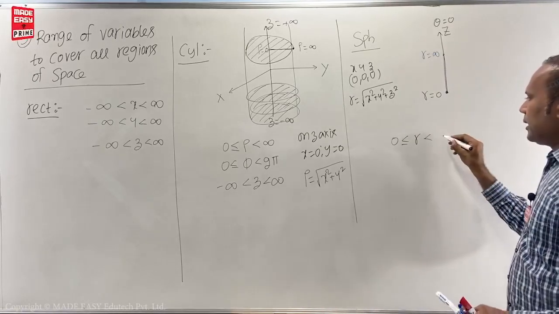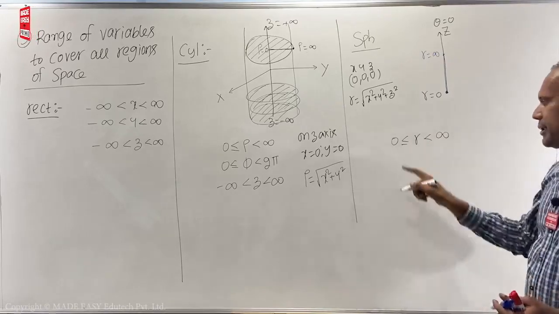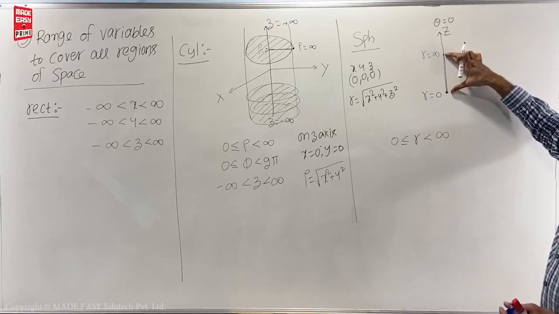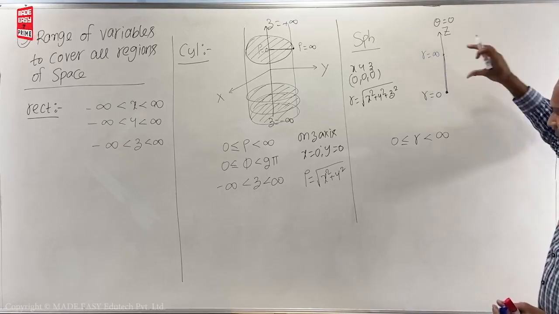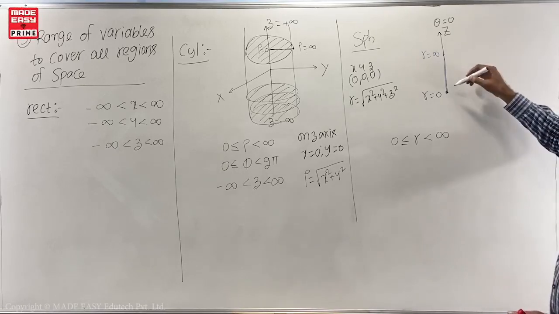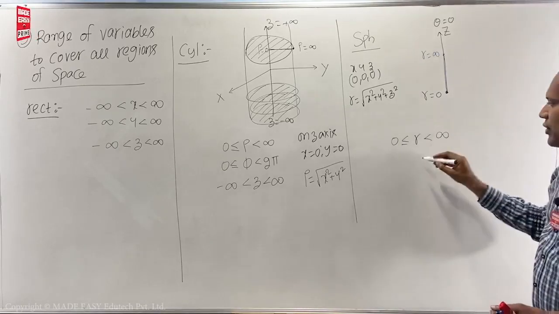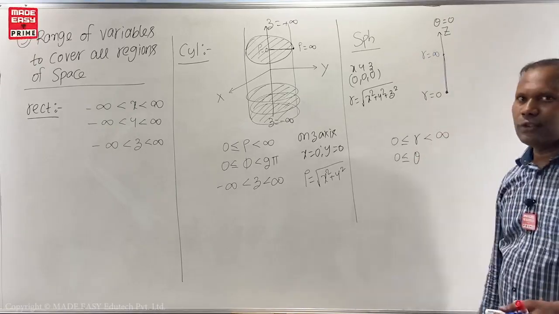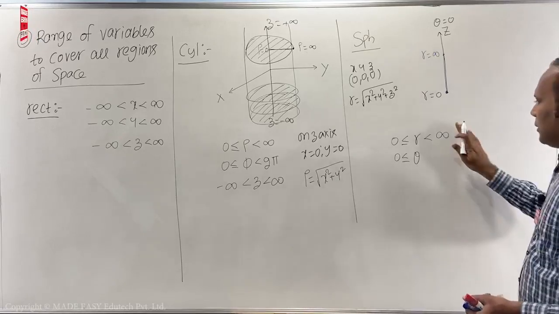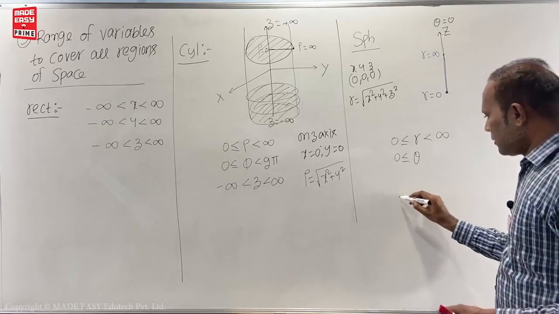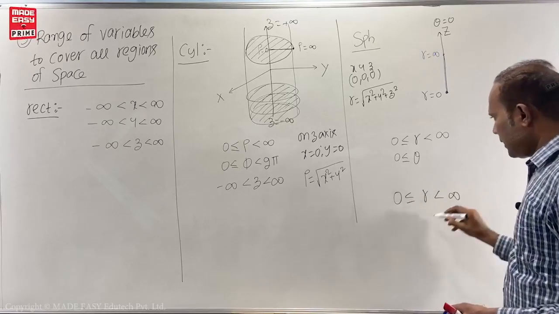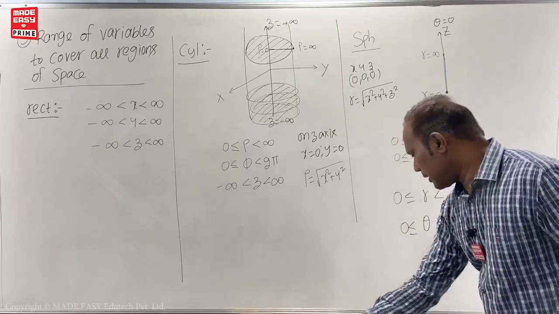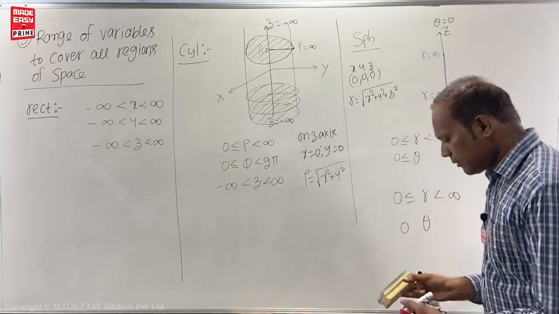That means if you take a radius from 0 to infinity, you get one radius line of infinity length. Now where is that line? On the z-axis. So for the z-axis, what is the vertical angle? 0. Now I will write a little at the bottom: 0 less than or equal to r less than infinity, and the vertical angle is 0.